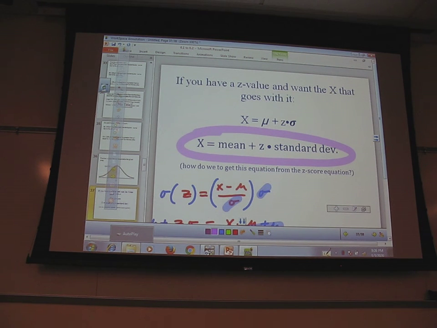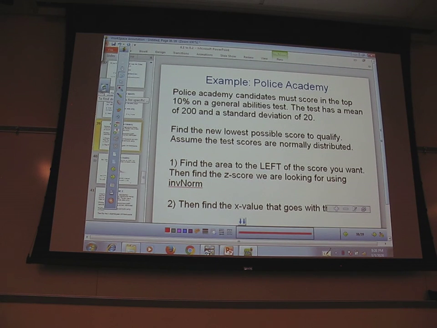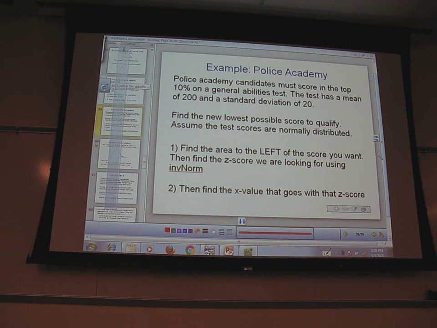So let's go ahead and go through the example below that. So here's our Police Academy example. Who hasn't read yet? Rosa, you have read. Police Academy candidates must score in the top 10% on a general abilities test.